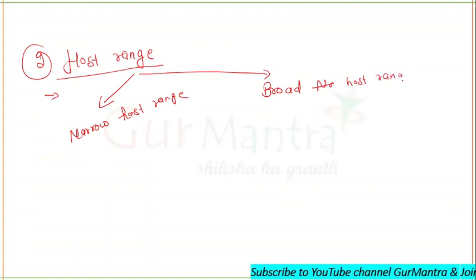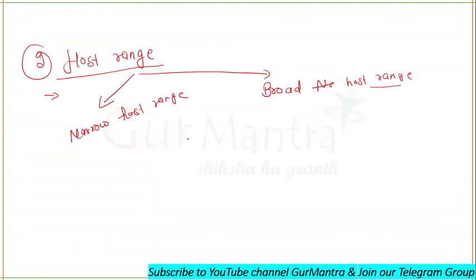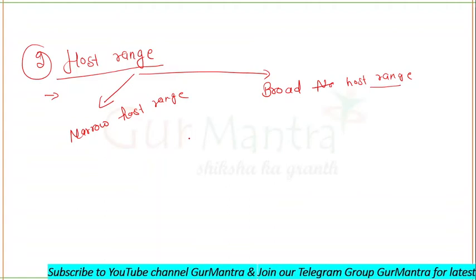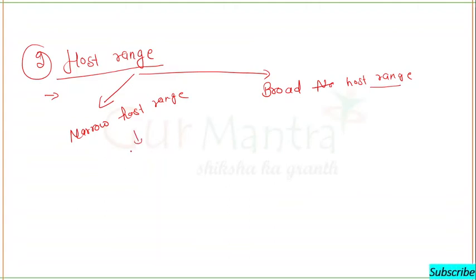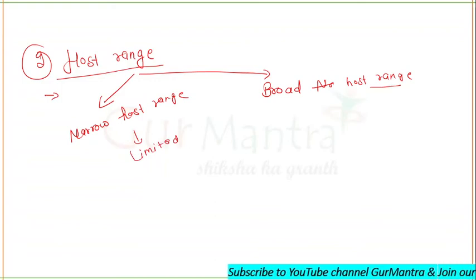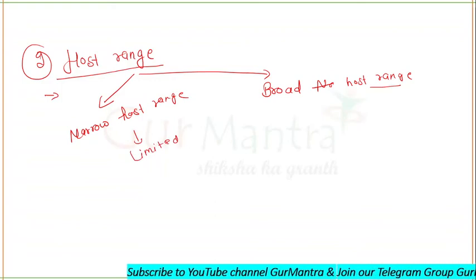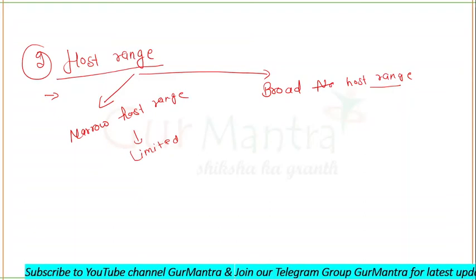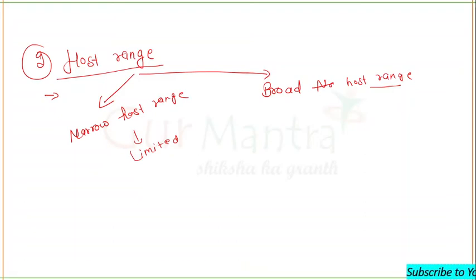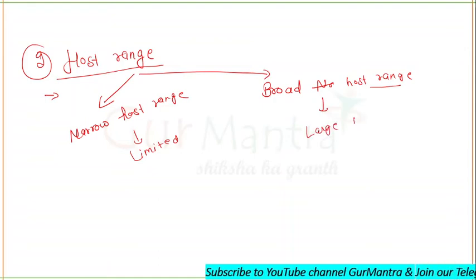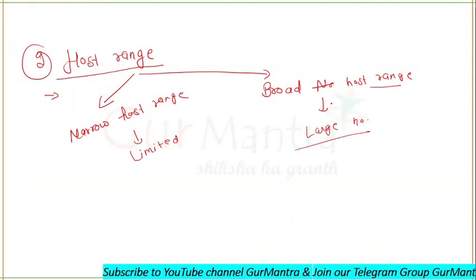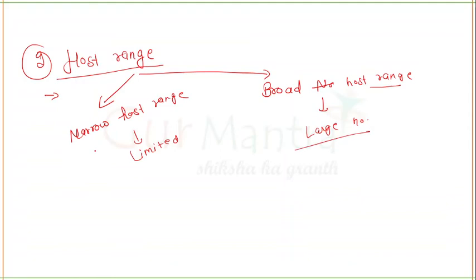If they can exist only in a limited number of closely related genera, then they fall into narrow host range. But if the plasmid can be transferred and maintained in bacteria of a large number of species, with no limit, then it is known as a broad host range plasmid. Narrow host range, broad host range.